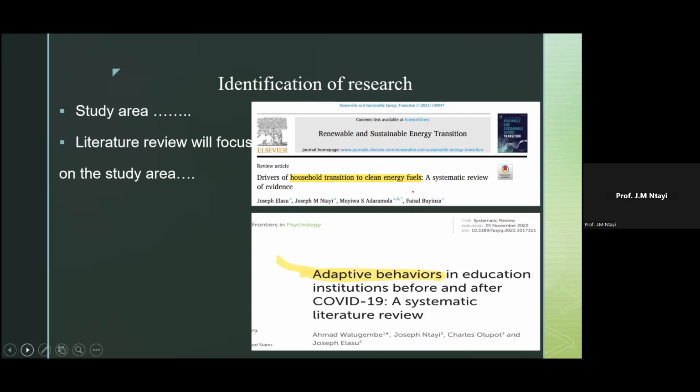Because if you've gone to the net and put in adaptive behavior and you are getting millions of hits, then you know this is a widely researched area. I cannot go through all those thousands of things. Let me narrow and look at adaptive behaviors in the education sector, for example. So this is very critical: when you are beginning to think about doing a systematic literature review, have a clear focus on where you are going to do it.